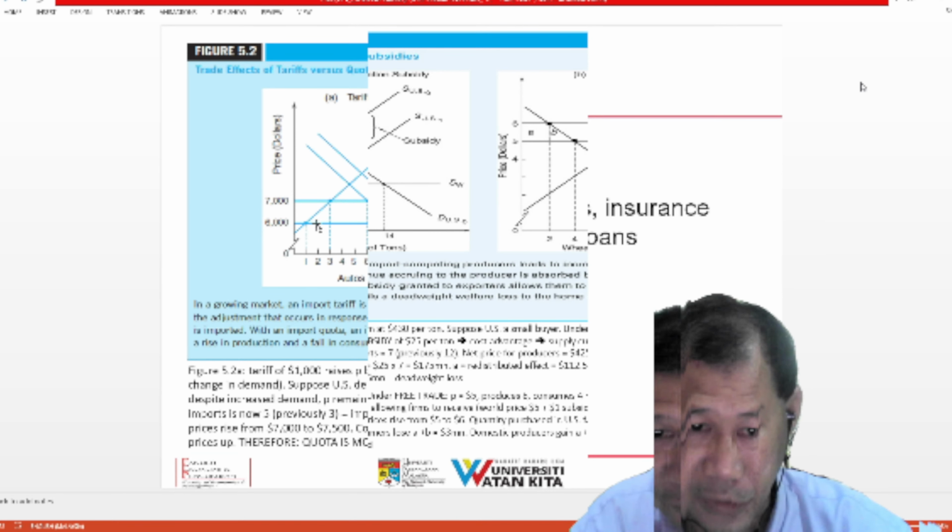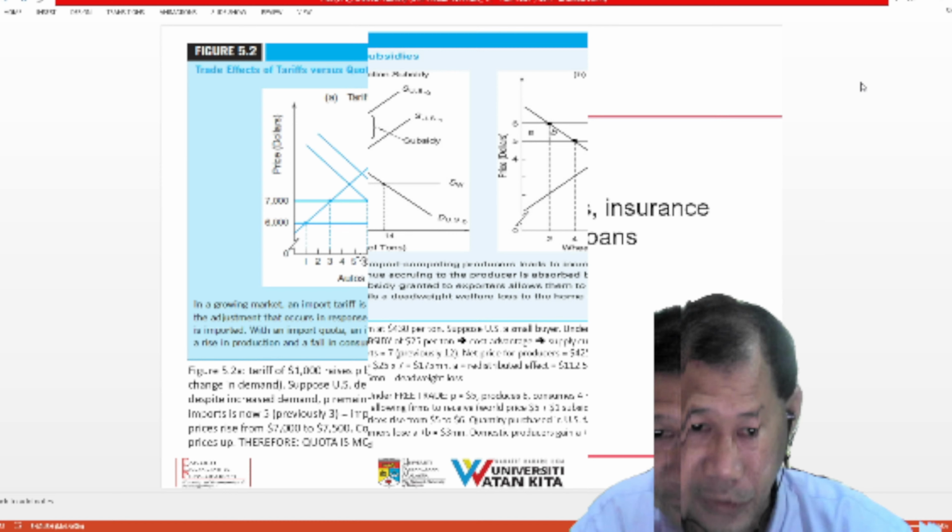Tariff, two deadweight losses. Quota is the same. Actually, tariff and quota, the graph is the same graph, but in the other class I taught you, we draw it differently. We don't know ahead of time. This is tariff, we know 7,000, but the effect is only 3 imports.